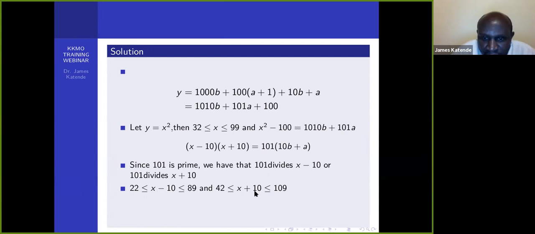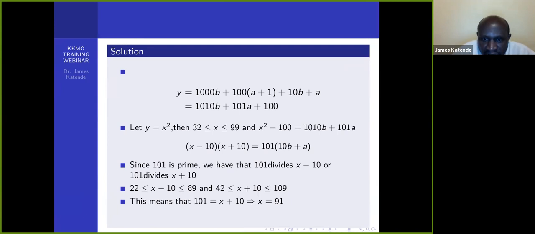So we are left with only one option, that x plus 10 is the one that lies in a range in which it can be divisible by 101. The largest value x plus 10 can take is 109, so the only option is 101. So x plus 10 must be 101, and you can make x the subject and you will obtain 91.